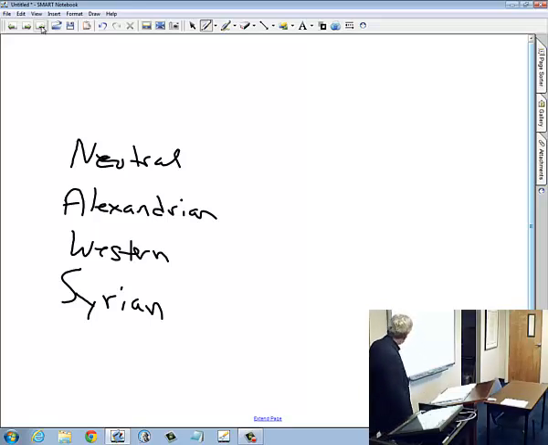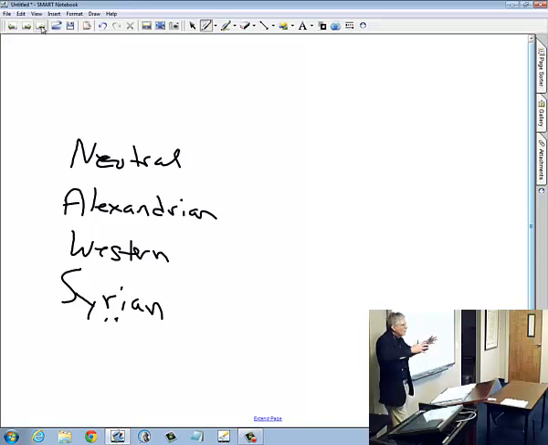And the Syrian text had the bulk, the majority of the actual Greek manuscripts. The vast majority of extant manuscripts were in this family here.